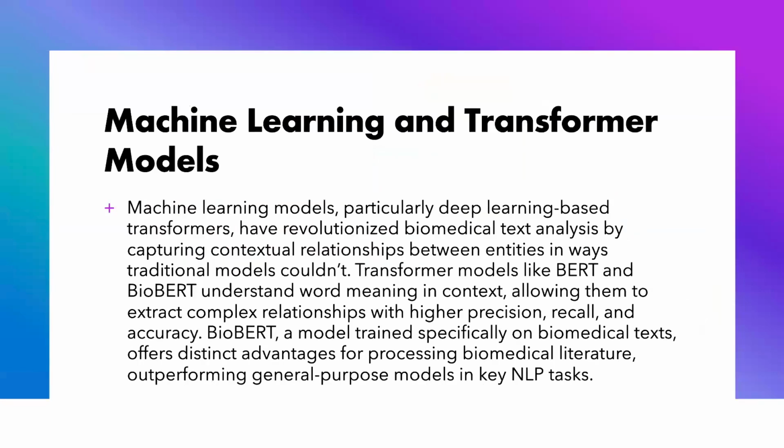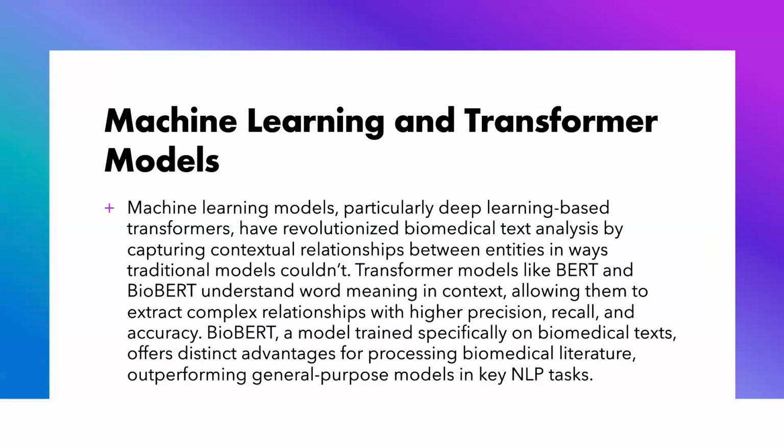If we're now looking at machine learning and transformer models, which are part of deep learning, we see transformer models like BERT and BioBERT. BioBERT was specifically trained on PubMed. Let me just save you time: it does better among all the BERT family models on actual medical data. So if you're in bioinformatics, it's easier for you to use BioBERT than any other model.